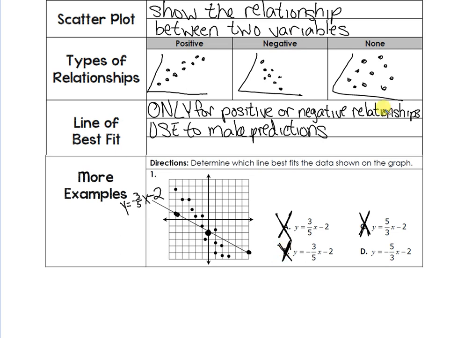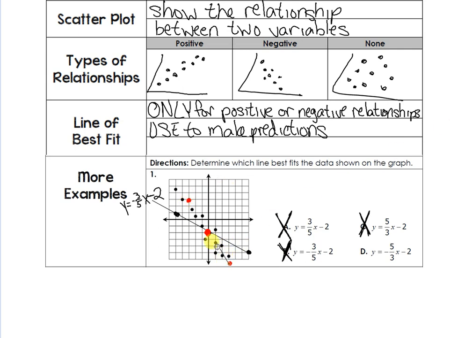When I look at the other answer choice, I'm going to change colors. That y-intercept is still -2. But this time the slope is -5/3, going down 1, 2, 3, 4, 5, which would actually be off that graph, 1, 2, 3. I'm going to go the opposite direction as well. Instead of going down, I'm going to go up, 1, 2, 3, 4, 5. Instead of going right, I'm going to go left, 1, 2, 3.